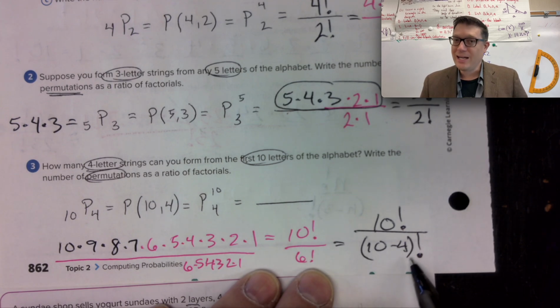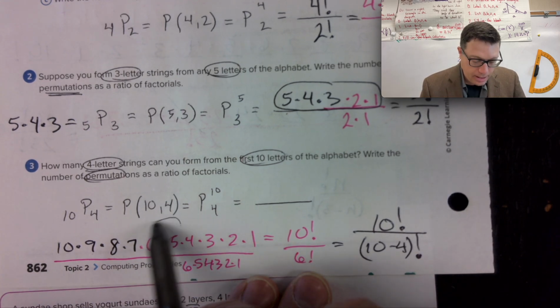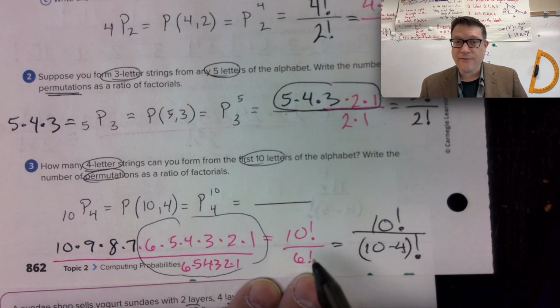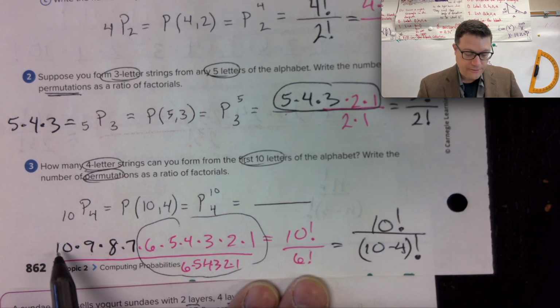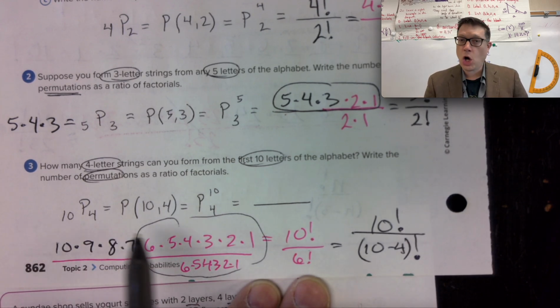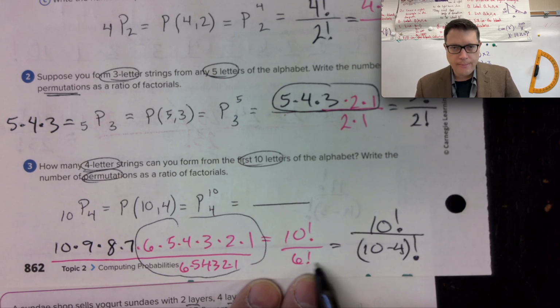It's 10 minus 4. And that number becomes the denominator because the denominator is what we had to add. You see that? We had to add a 6, 5, 4, 3, 2, 1 so that the first 4 and then these last 6 give us all 10 characters, but we're getting rid of 6 factorial of them, so there's a canceling. This is the formula.